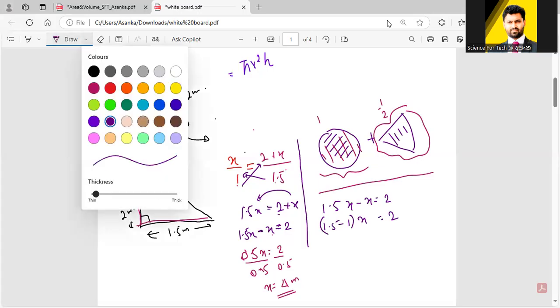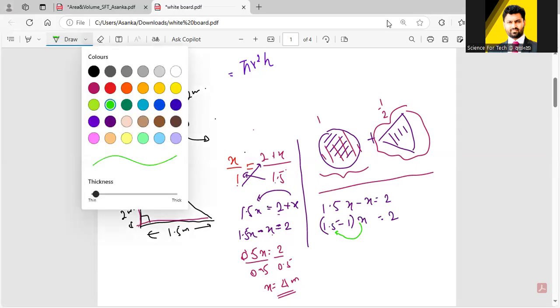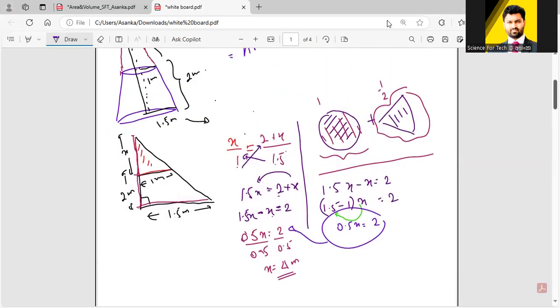If you are not sure what you have written, you can just multiply: 1.5 times x means 1.5x, minus 1 multiplied by x means minus x. So 1.5 minus 1 becomes 0.5, 0.5x equals 2. Now you can see these are similar. You can use either of these methods.